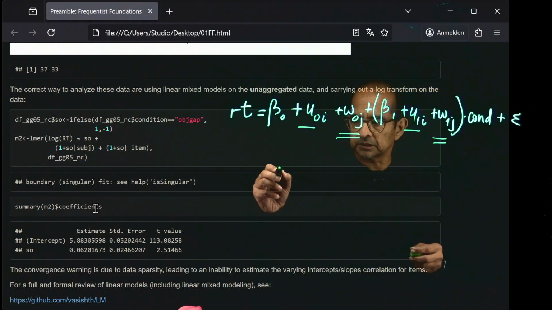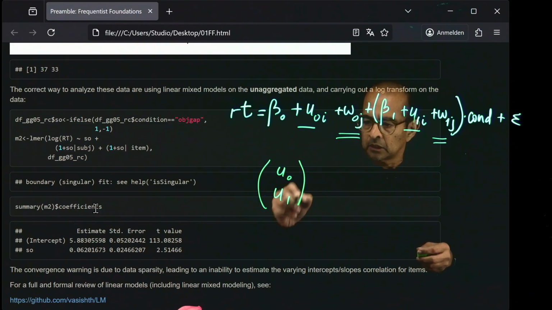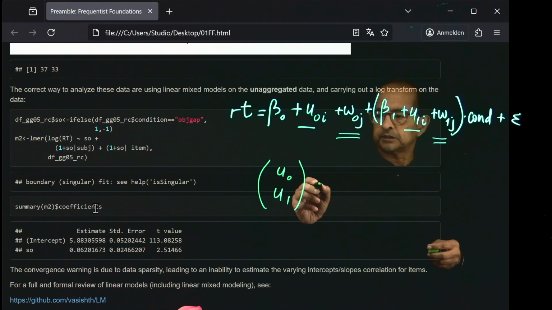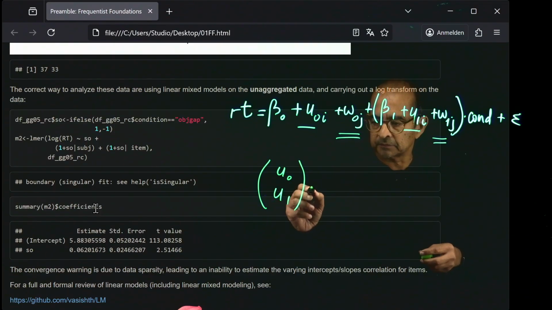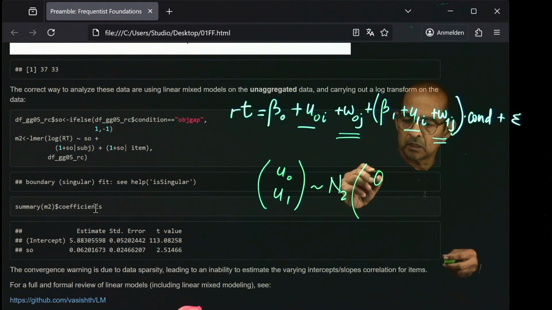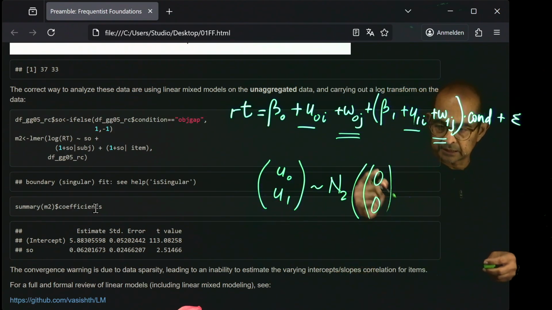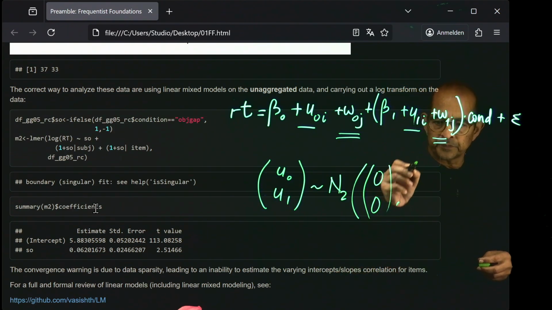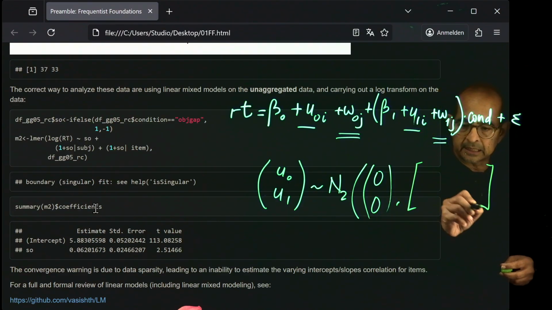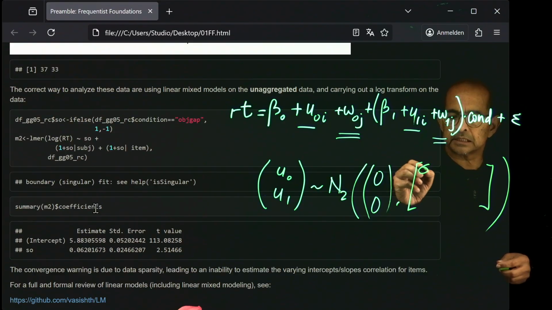The assumption is that the intercept and slope adjustments by subject are coming from a bivariate normal in this particular example, where each of the two variables has mean 0, and their variance structure in the bivariate context is expressed by a variance-covariance matrix.